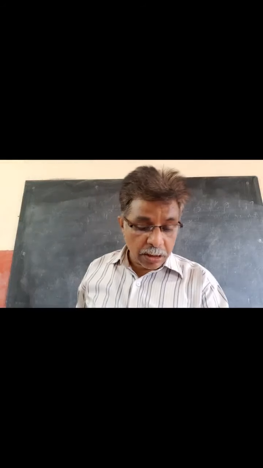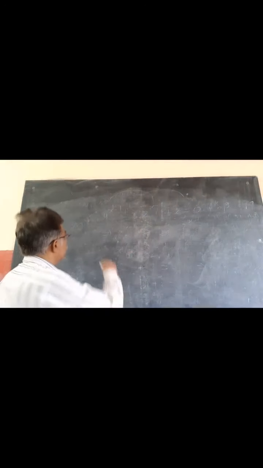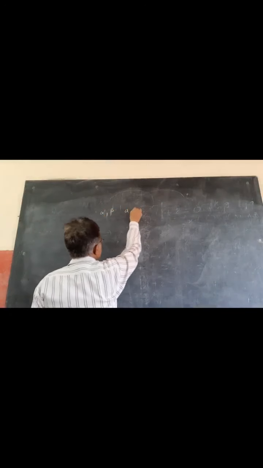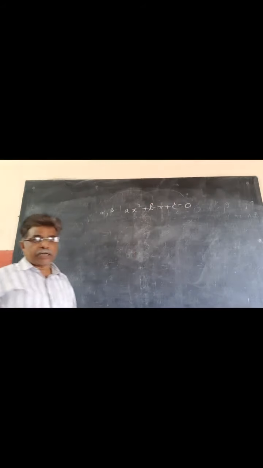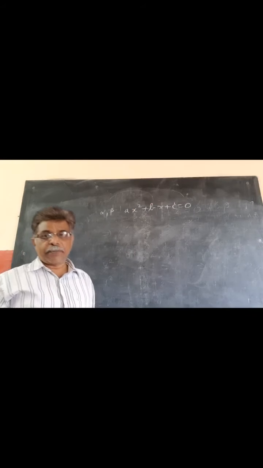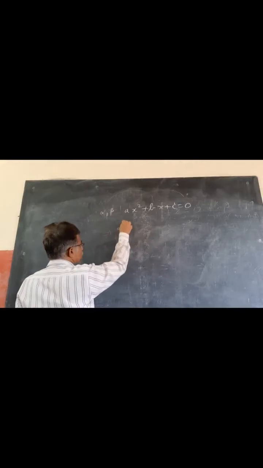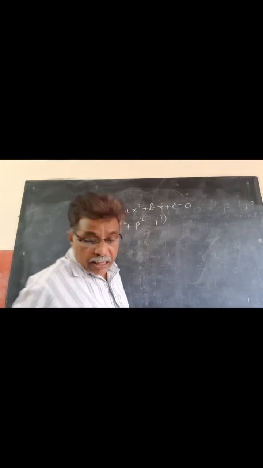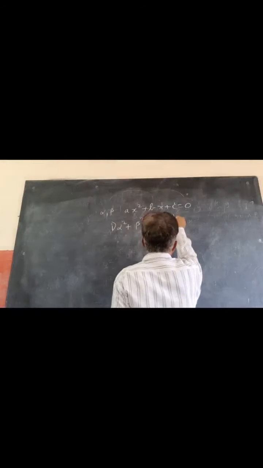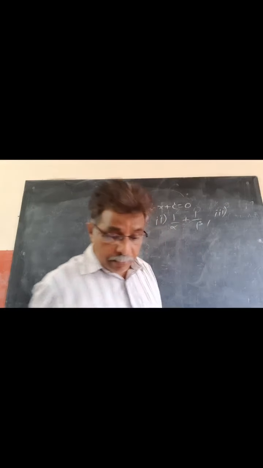Next, if alpha beta are the roots of the equation ax square plus bx plus c equal to 0, then find the values of alpha square plus beta square, and he is asking 1 by alpha plus 1 by beta, and many more he is asking.